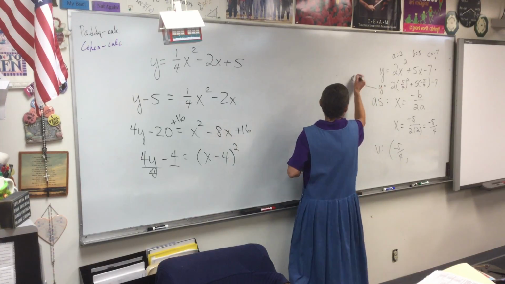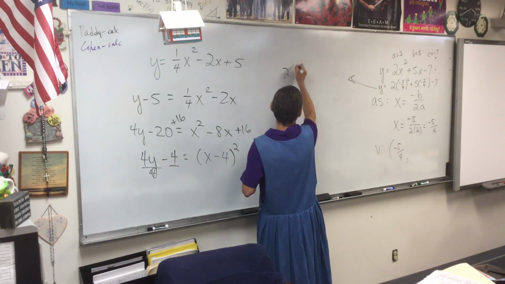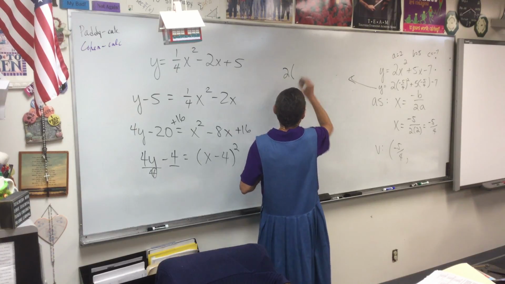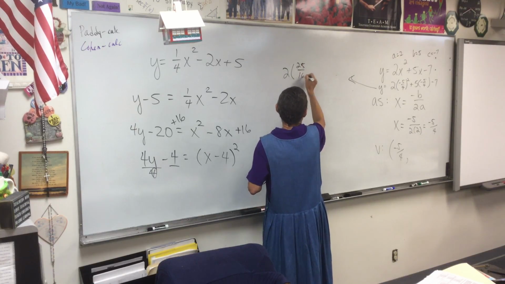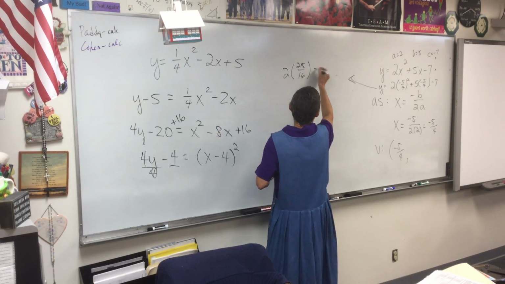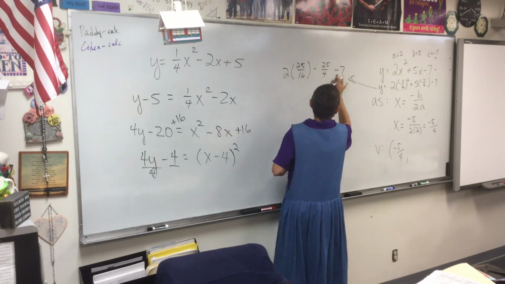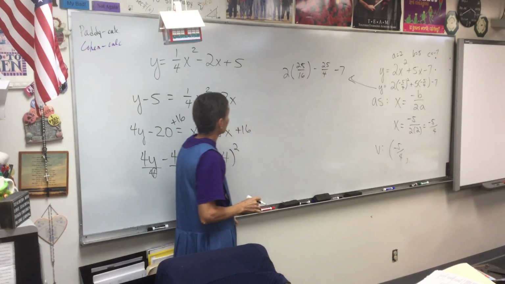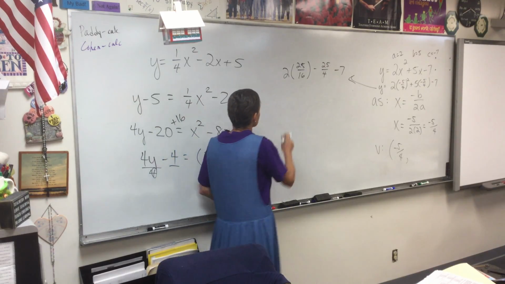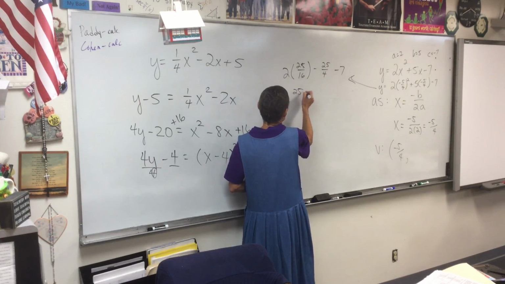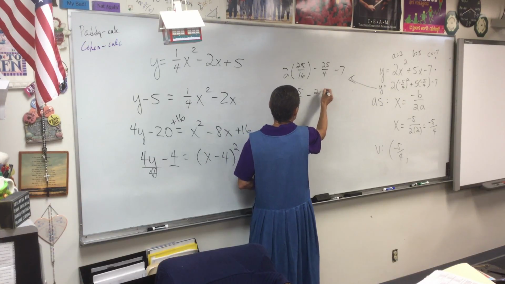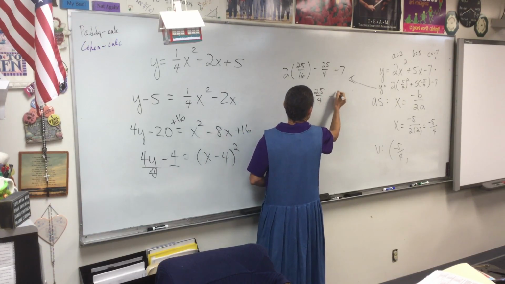So that's 2 times 25/16 minus 25/4 minus 7. Keep an eye on my arithmetic. Don't let me mess up. So I can cancel here, so that's 25/8 minus 25/4 minus 7.